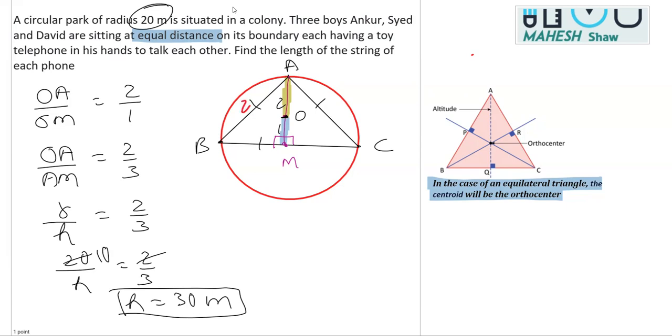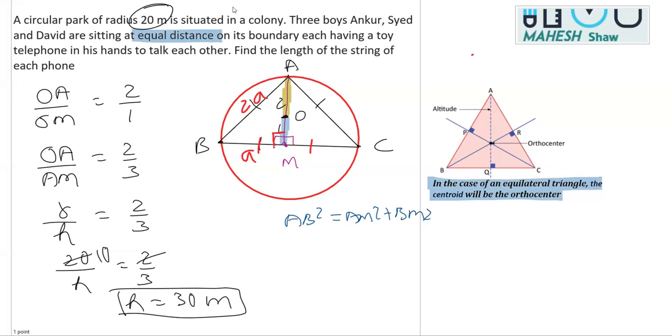Let's say this length is 2A. As you know, in an equilateral triangle, all sides are of equal length. So AC will also be 2A and BC will also be 2A. That means, as you know, this is the midpoint, so I can write BM as A, and I'm applying Pythagoras theorem here. I'm writing AB square is equal to AM square plus BM square.